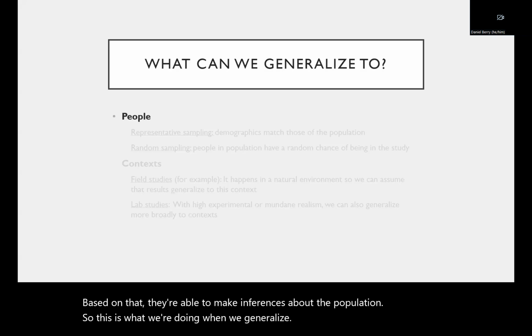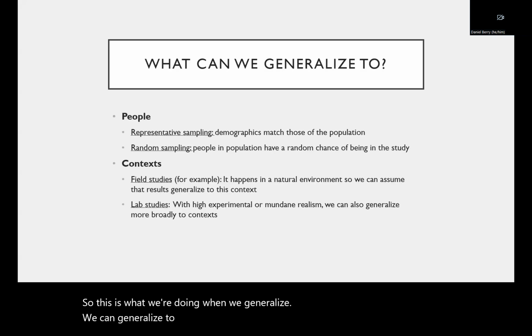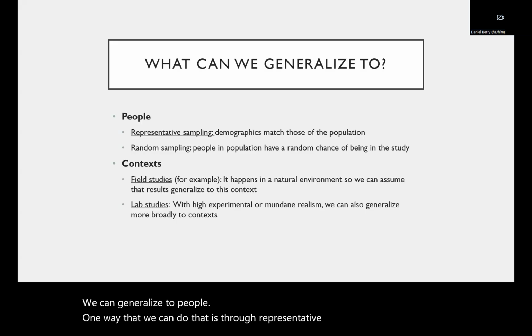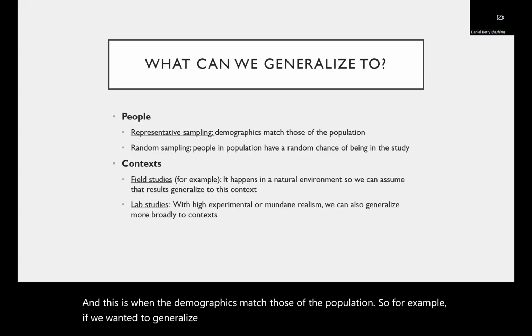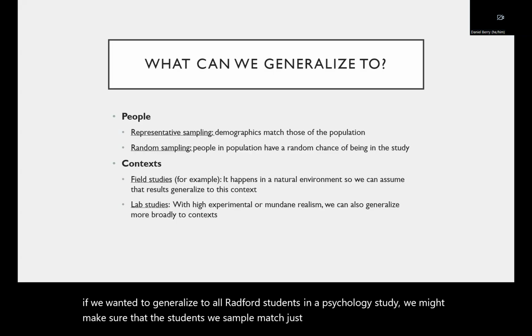We can generalize to people. One way that we can do that is through representative sampling. This is when the demographics match those of the population. So, for example, if we wanted to generalize to all Radford students in a psychology study, we might make sure that the students we sample match just about the demographics of students at Radford.